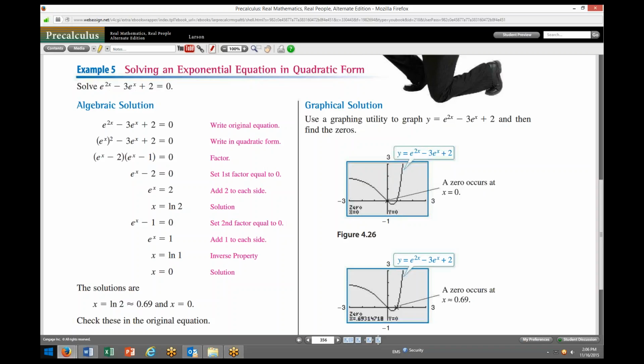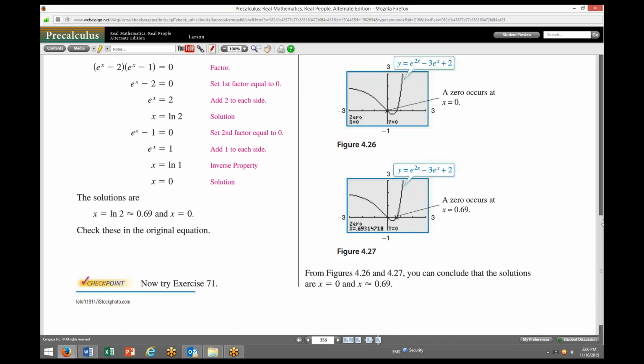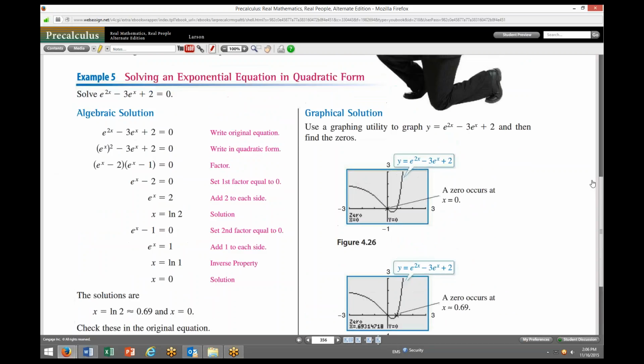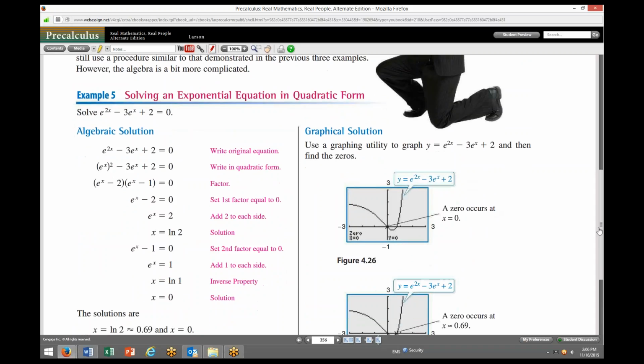Now, because we had a quadratic equation, we've got to check our answers and see if they work. And the truth is, if you plug in 0 for x or 0.69 for x, both of those will work.